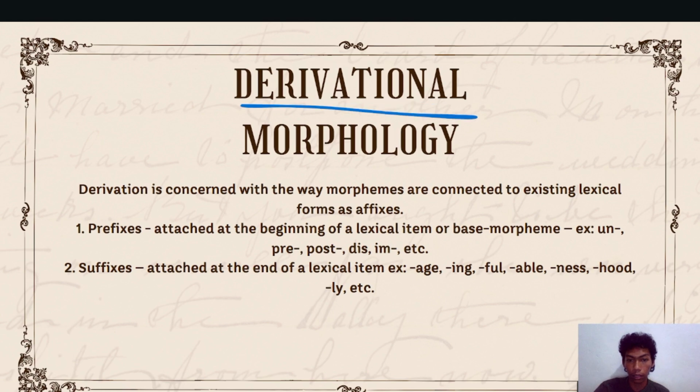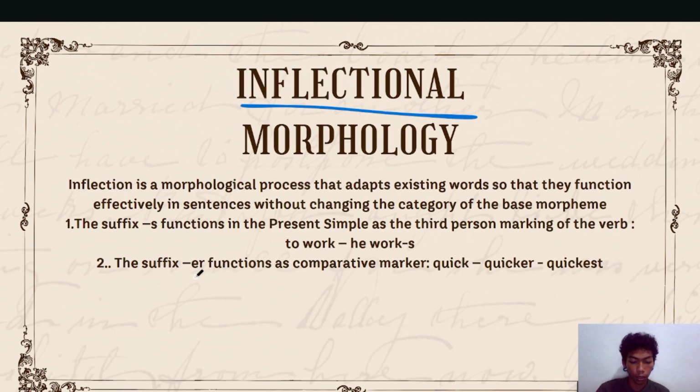Okay, the next is inflectional. Inflectional morphology is different. It doesn't change the core of the meaning or the category of the word. It just adjusts the form for grammar, like work becomes works for the third person singular, or quick becomes quicker or quickest to show comparison.